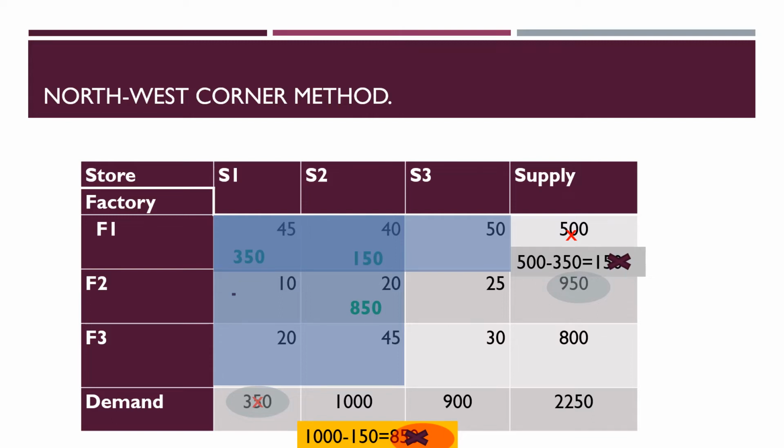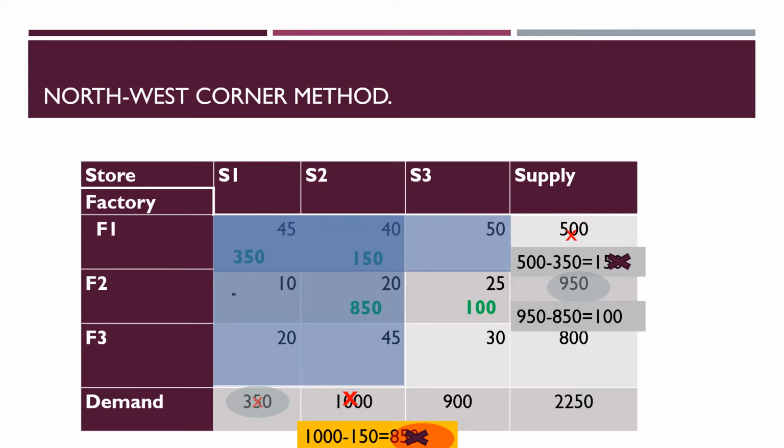You can remember that from the F2, we have already allocated 850 units. Therefore, we are only left with 100 units. So, when we allocate this 100 units to F2 is 3 cell, the supply of F2 is fulfilled.